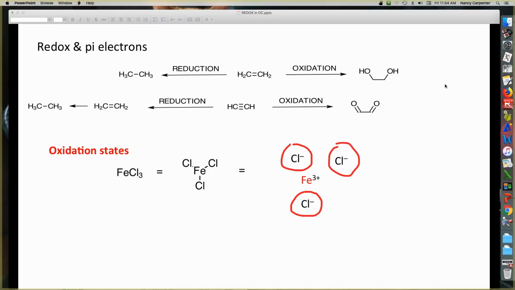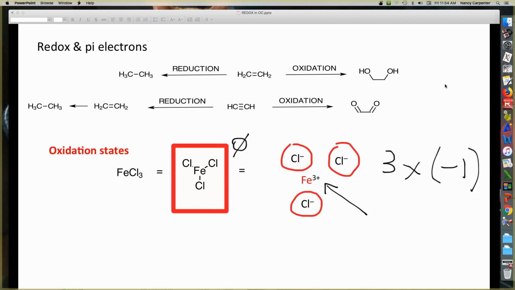Well, since your iron trichloride overall has no charge, it's a neutral compound, we now know by simple math that this iron has to have a +3 charge to balance out the 3 times -1 negative chloride anions. So you're looking at what's attached, adding up the charge, -3, and since the whole thing is neutral, that means the iron must be +3.